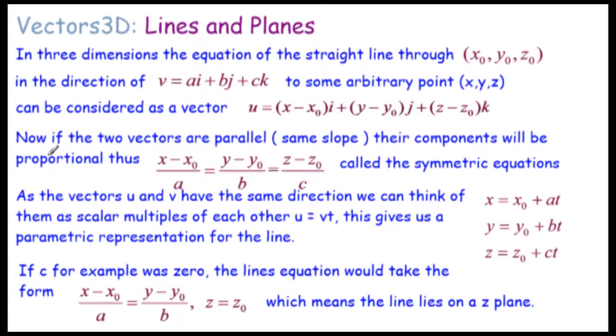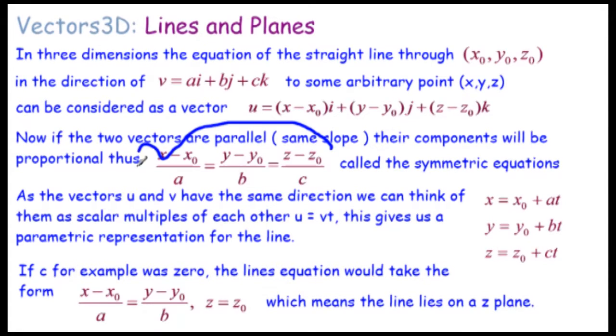So we get x minus x0 on A equals y minus y0 on B equals z minus z0 on C. These are the symmetric equations for a line in 3 dimensions. It looks a bit strange, but this is how we state a line in 3 dimensions.